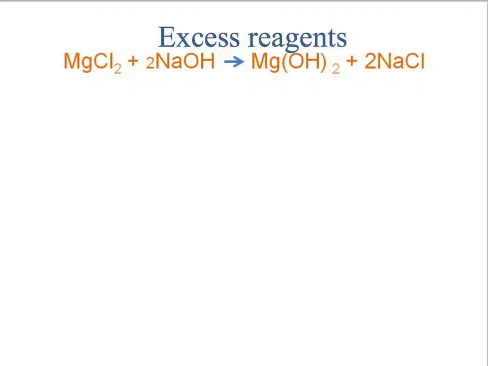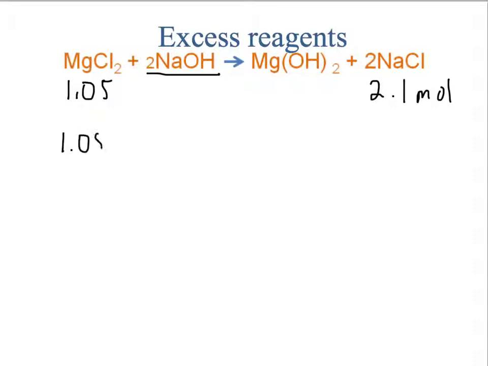Okay, so we've established that we start out with 1.05 moles of magnesium chloride and we make 2.1 moles of sodium chloride. All right, so how much sodium hydroxide do we use? Well, we can see it's a 1-to-2 molar ratio, but let's write the ratio anyway.